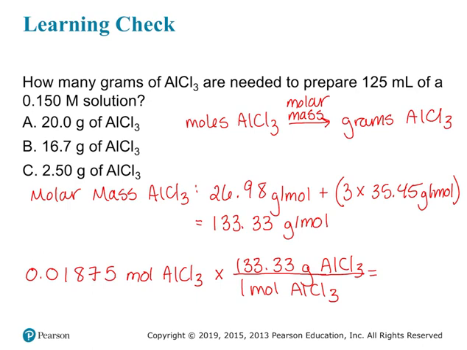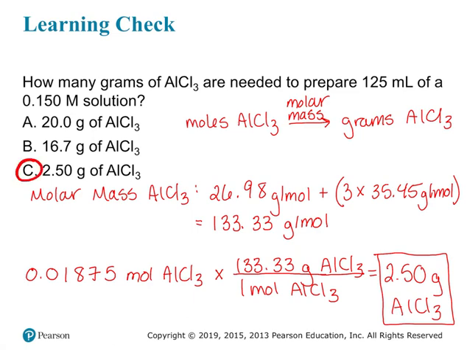Now we're just multiplying across. 0.01875 times 133.33. I get 2.50 grams of aluminum chloride. Does that match one of our multiple choice options? Thankfully, yes, it matches C.